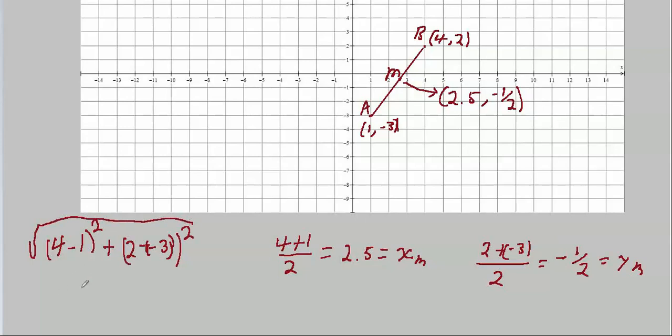Well, 4 minus 1 is 3 squared plus 2 minus minus 3 is 5 squared.